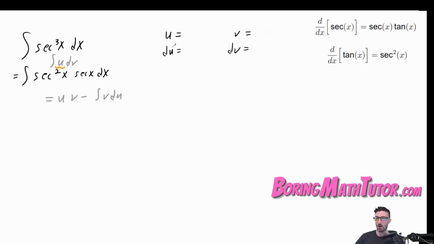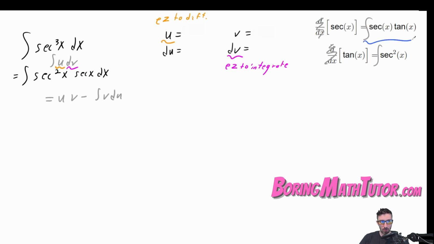We now have to pick our u and our dv. Our u has to be something that's easy to differentiate, and our dv has to be something that's easy to integrate. Now, as far as integrals go, we actually want to convert these derivative equations into integral equations by getting rid of the derivative on one side and putting the integral on the other.